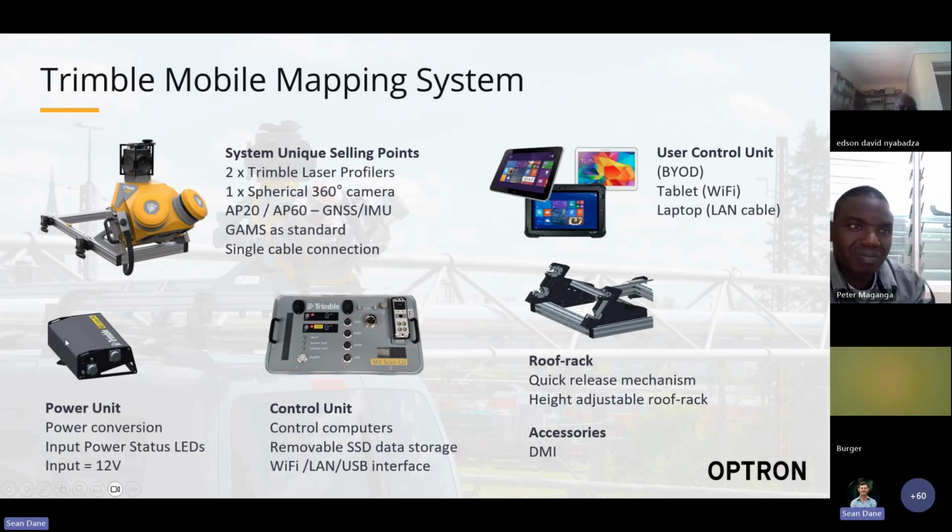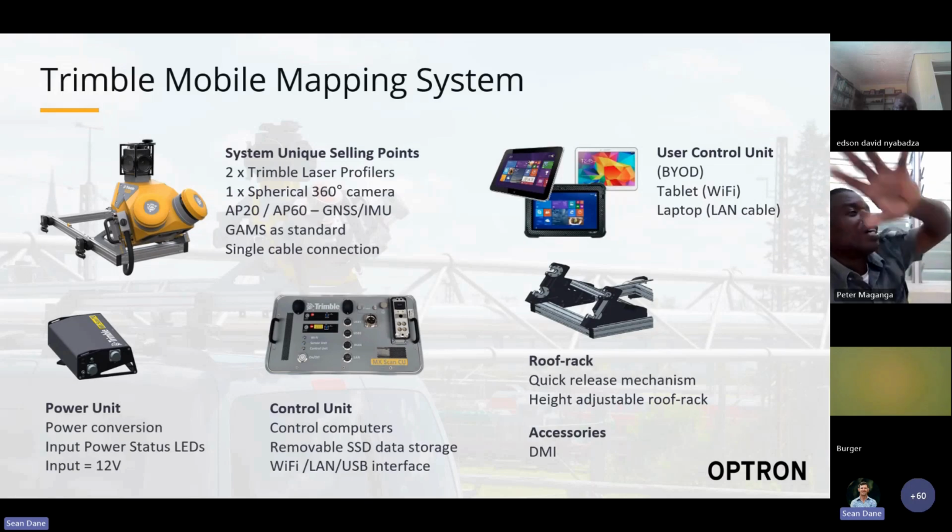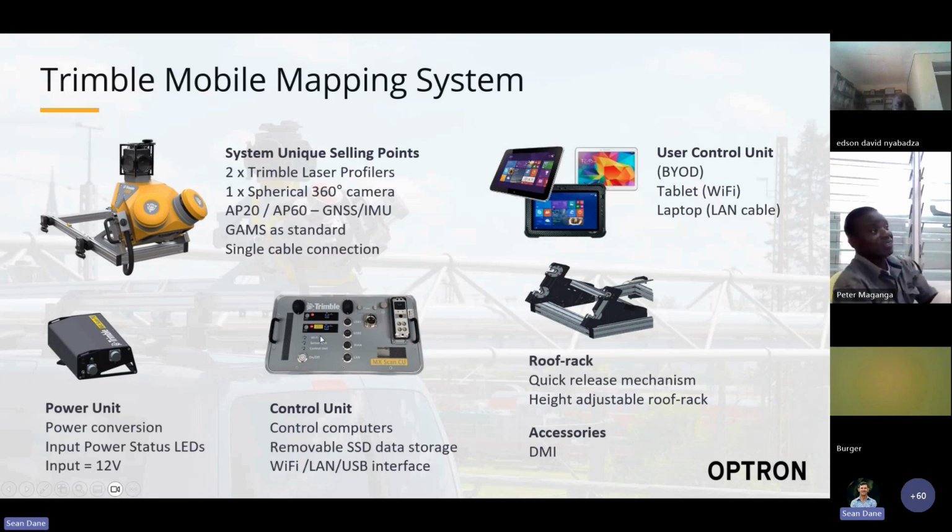The power unit on the left-hand side, so we take power off the vehicle. There's no need for a whole lot of extra batteries and all that. You can take power off the main vehicle's battery. And your control unit, that's the brains behind everything. So your computer, your processing engine, all that is sitting inside the control unit. So that's one of the most important parts of making sure that you've got your data on removable hard drives and setting up the Wi-Fi in the LAN and so on.